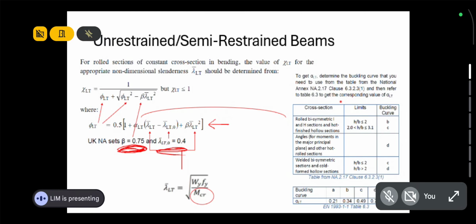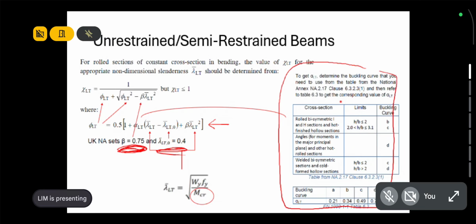Alpha LT is that table. Alpha LT depends on the type of cross-section that you have.